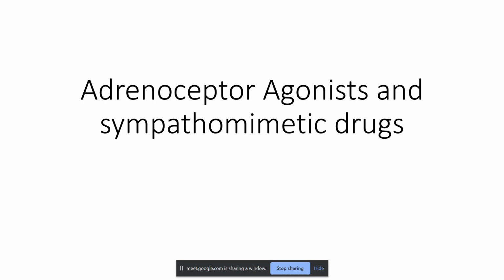The pharmacologic effect of indirect sympathomimetics depends on the increased sympathetic activity and norepinephrine storage and release.